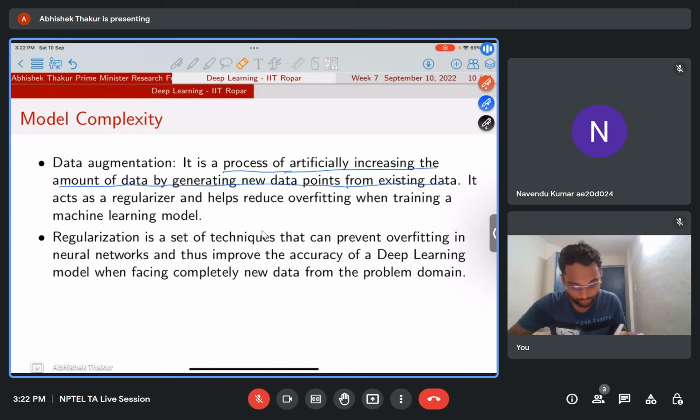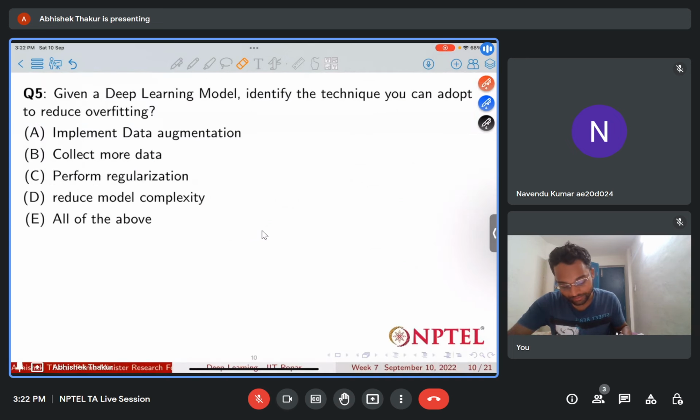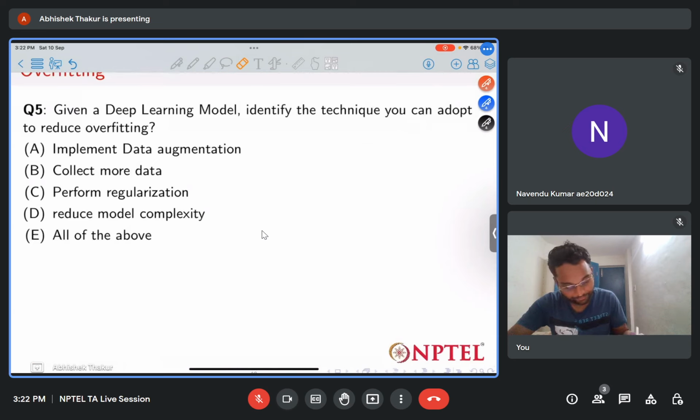So it acts as a regularizer also, as you have seen the proof in the lecture of week 7. It acts as a regularizer and helps reduce overfitting when training a machine learning model. So data augmentation is the correct option.